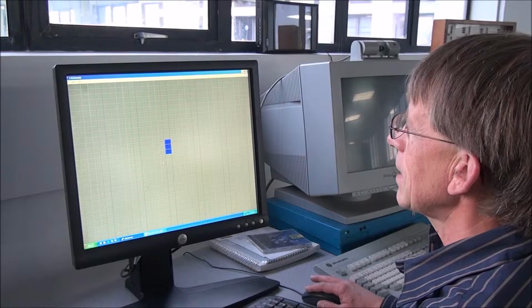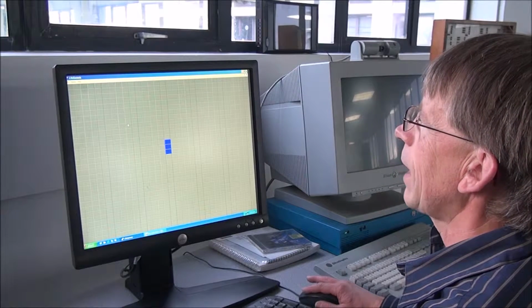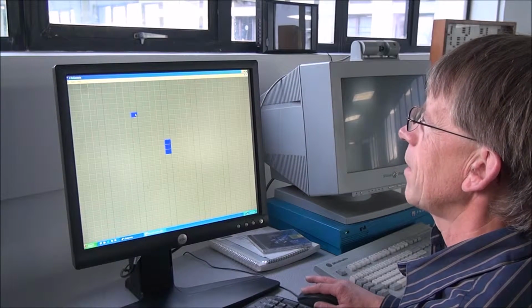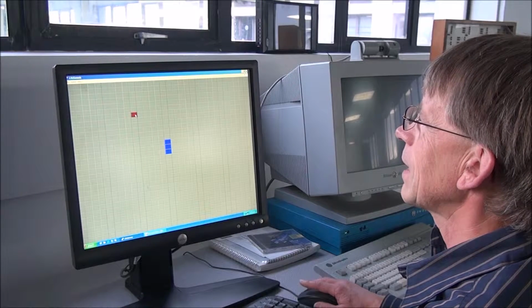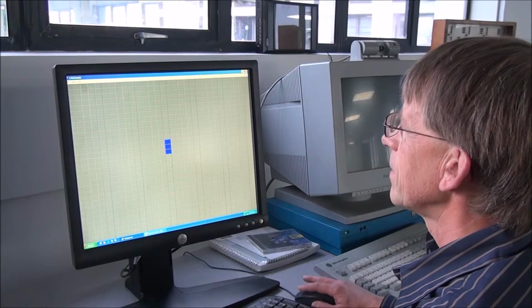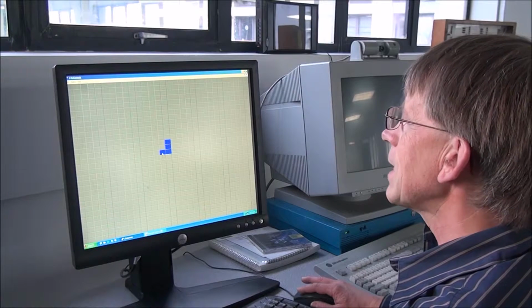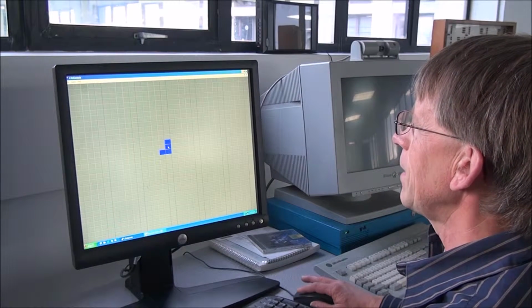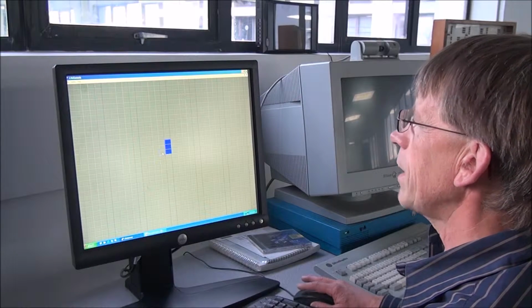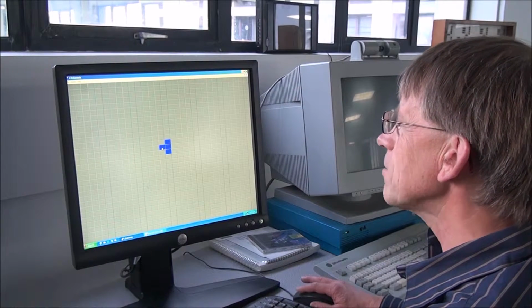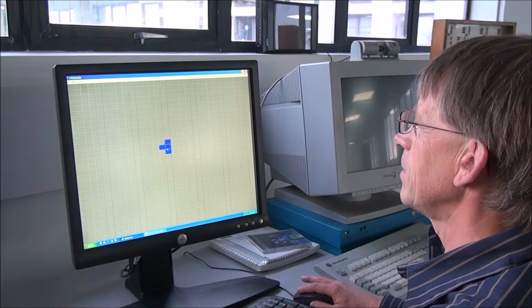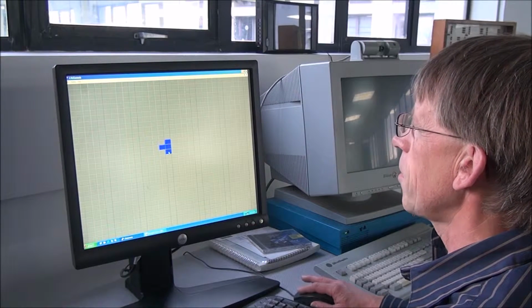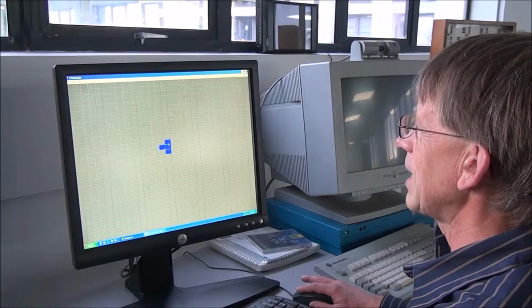So for instance, these cells here don't have neighbors, so they will never come into life. Even this cell here has only 2 neighbors, this one and this one, so it won't get life. However, this one is a candidate because it has 1, 2, 3 neighbors as life.